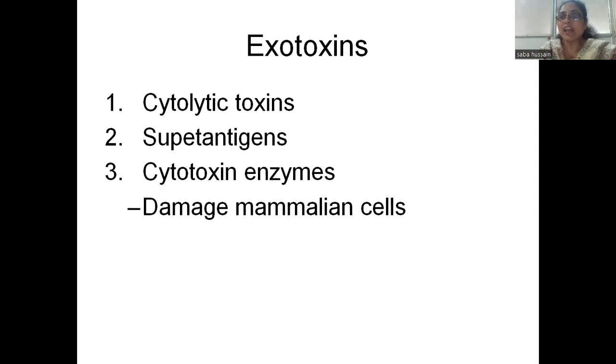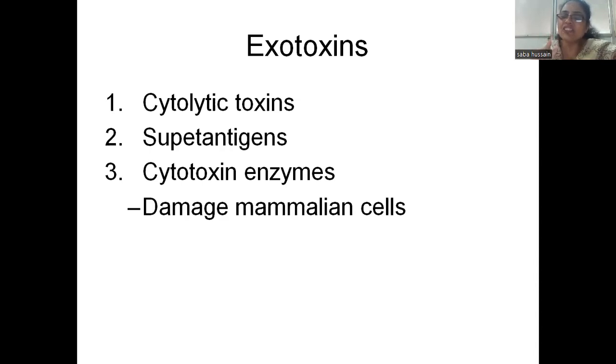Now, we were talking about exoenzymes. Another type of virulence factor is exotoxins. If you consider the structure of Staphylococcus aureus, you will see that it has a wall which will protect its protoplasm.